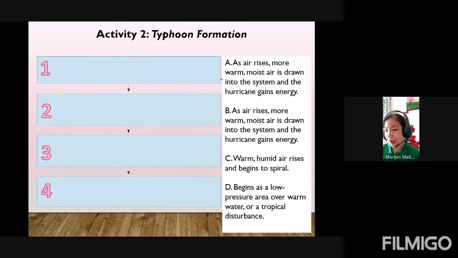And letter D: Begins as a low pressure area over warm water or a tropical disturbance. Those are the statements you are going to arrange from 1 to 4. Just write the letters so it's easier. Clear? Yes po. Start now. 60 seconds. Go.